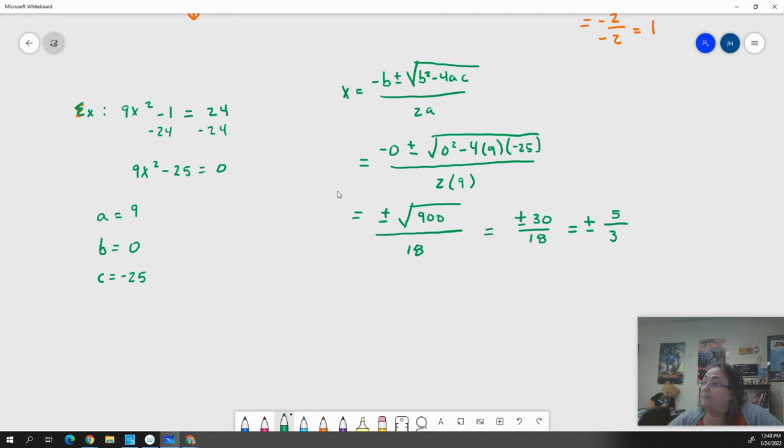If I were graphing it, which I will fake graph right now, say I have 1 here, 2 here, -1 here, -2 here. I would say that 5/3 is what? 1 and 2/3.